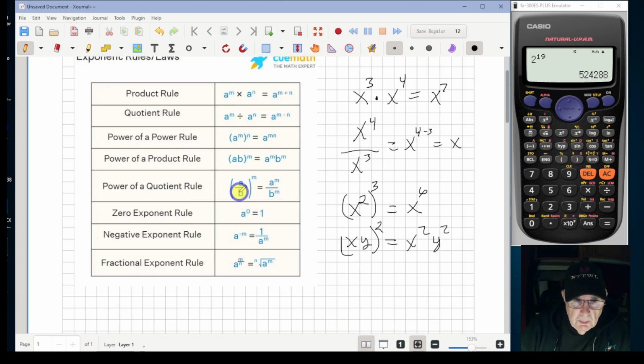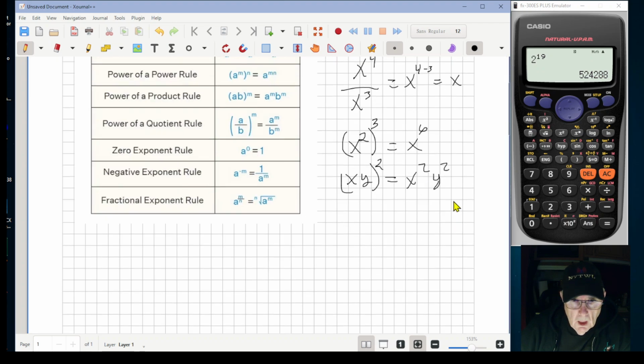So these two rules help with that. Here we can distribute this m exponent to both the numerator and the denominator, so we get this. And of course we can go backwards. Okay, the next one is rather important, and that is that any number, I got some arbitrary squiggle here, but I raise it to the 0 power, no matter what this is, other than if it's 0, equals 1.